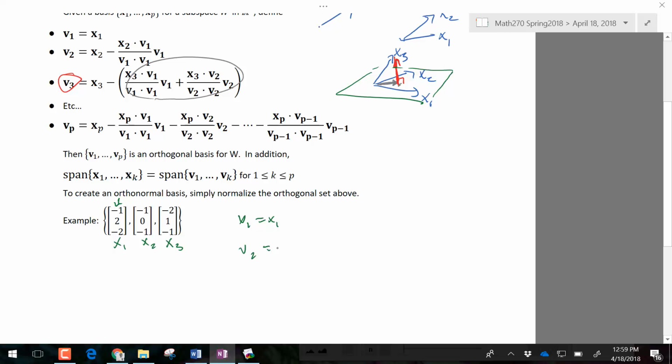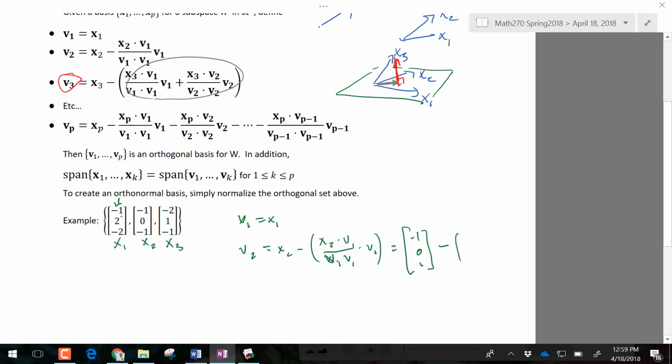My v2 is going to be x2 minus, I don't know why I'm writing this over again. But it looks like I need the dot product of v1 and x2. So x2 was negative 1, 0, 1 minus the dot product of x2 and v1. That's essentially the dot product of x2 and x1, right?